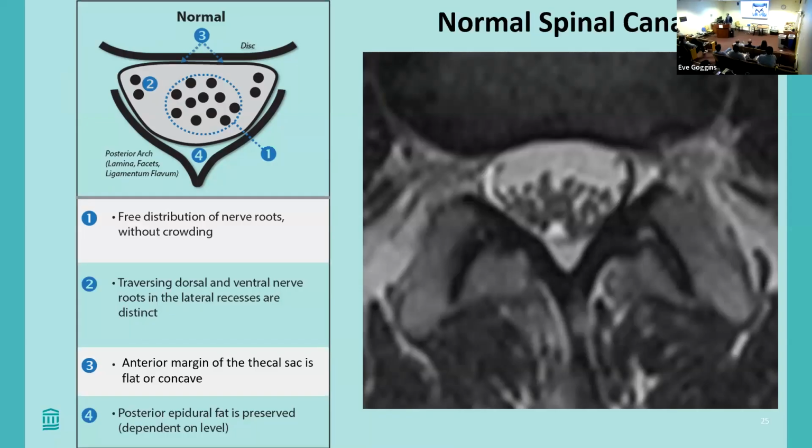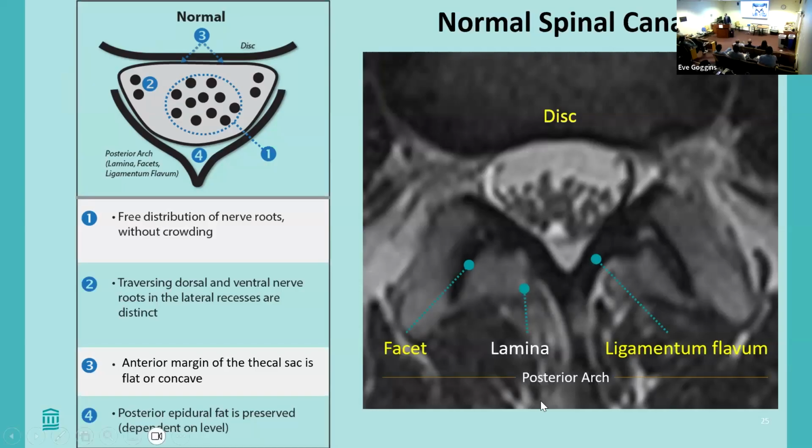So just a review of some anatomy here. Of course, the disc is anterior, and posteriorly you've got the facet, the lamina, and the ligamentum flavum. Normally you want to look for free distribution of nerve roots without crowding, that you can clearly see the nerve roots in the lateral recesses are not contacting anything, and that the anterior margin of the thecal sac is either flat or kind of concave like this.